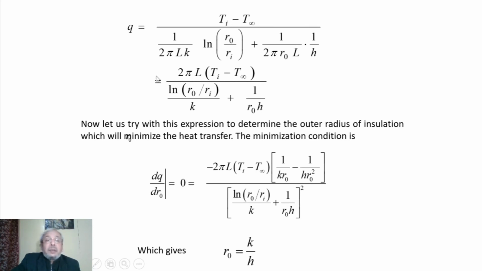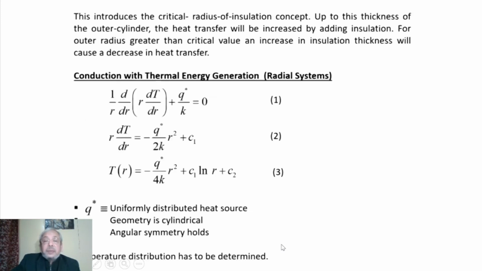We find the derivative of this expression, which is given by this expression, and we set it equal to 0, which gives R0 equal to k by h. So if R0 is set equal to thermal conductivity divided by film heat transfer coefficient, that is the condition for the outer radius for which we can minimize the heat transfer.